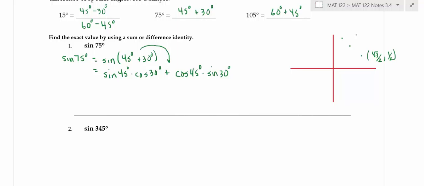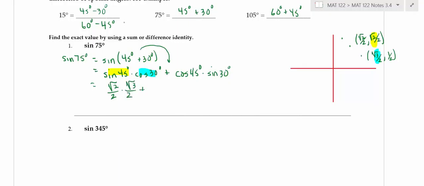And the 45 degree angle has a point square root of 2 over 2, comma, square root of 2 over 2, like that. Okay, so when I put this together, of course, the sine of 45 is the y value. So that's going to be square root of 2 over 2. We know the cosine of 30 is the x value. So that's going to be square root of 3 over 2 also.